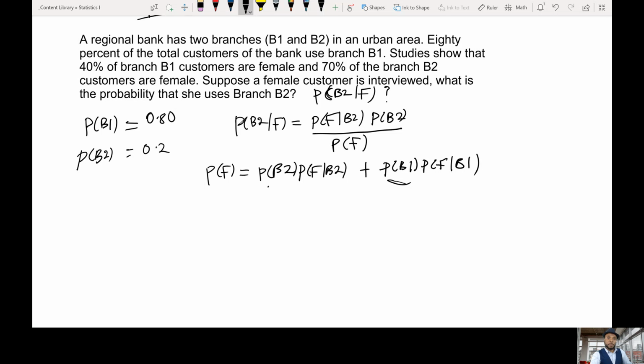Studies show that 40% of branch B1 customers are female, so the probability of female given B1 is 0.40. And 70% of branch B2 customers are female, so the probability of female given B2 is 0.7.